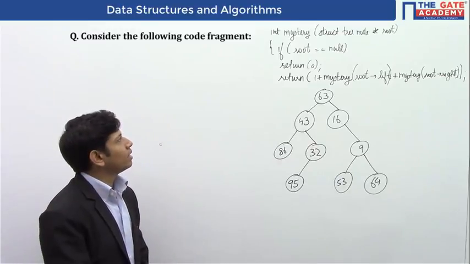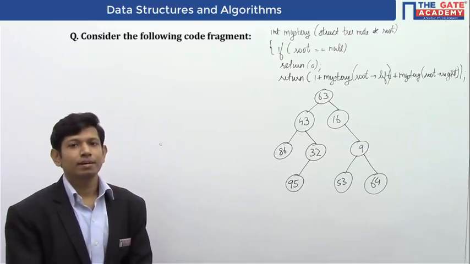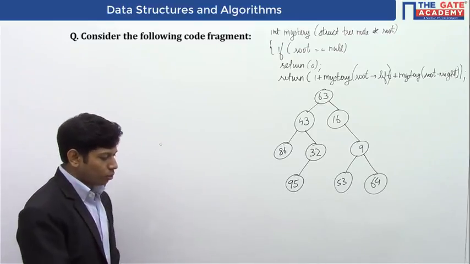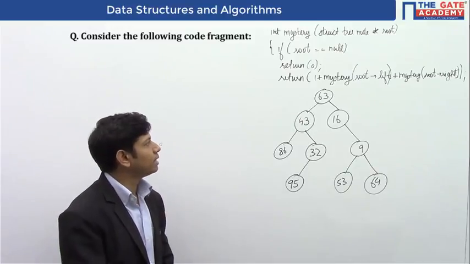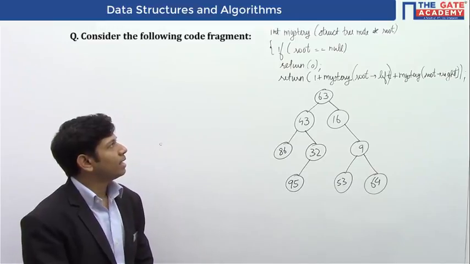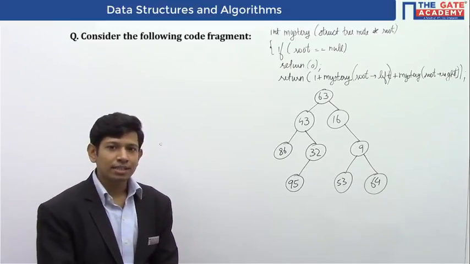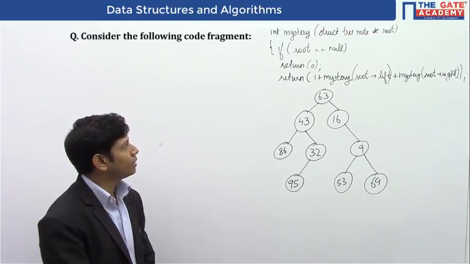Next, they are checking if the root is equal to null. Since root is not null, they say if root is null, return 0; otherwise return 1 plus mystery root left plus mystery root right.